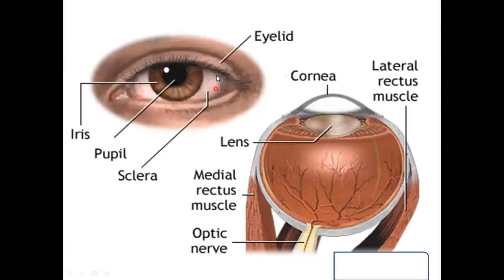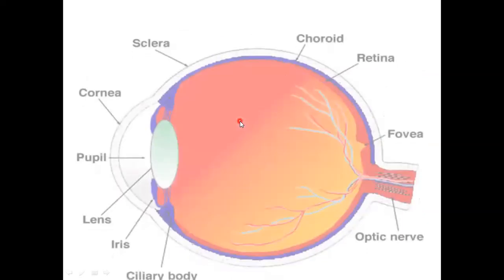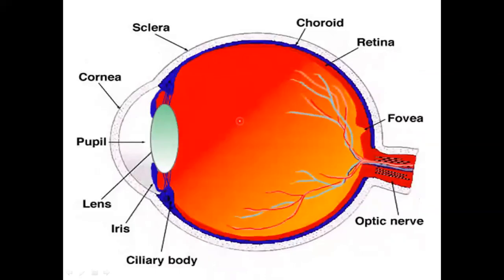This is the eyelid, then you can see clearly here the iris. This is the pupil. This is the sclerotic layer. Then the cornea. I told you the sclerotic layer in front of the eye becomes transparent and makes the cornea. Earlier I also explained the same diagram.